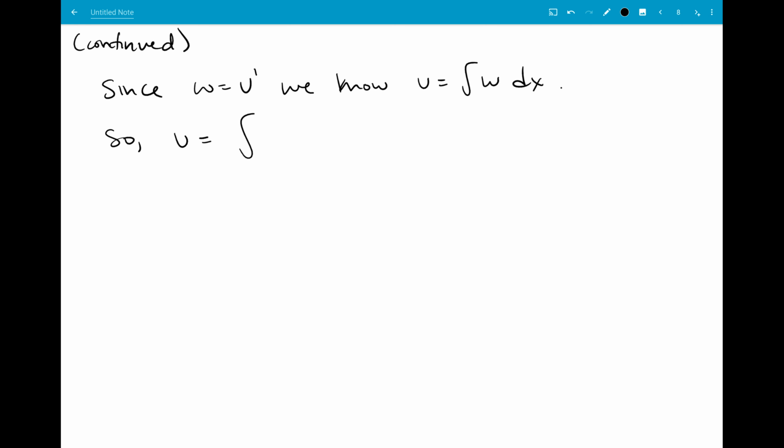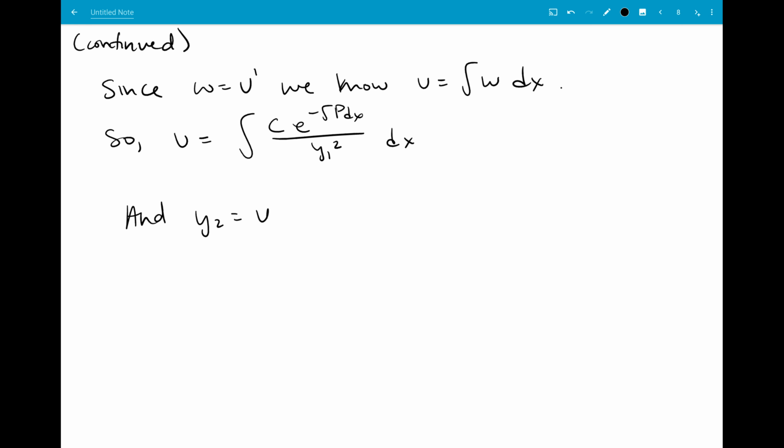So u is the integral of some constant times e to the minus integral of p dx over y1 squared dx. And I'm going to show you our solution real quick, and then also what will happen if you add another constant in at this step. It just becomes kind of messy, so I don't want to confuse things right now.